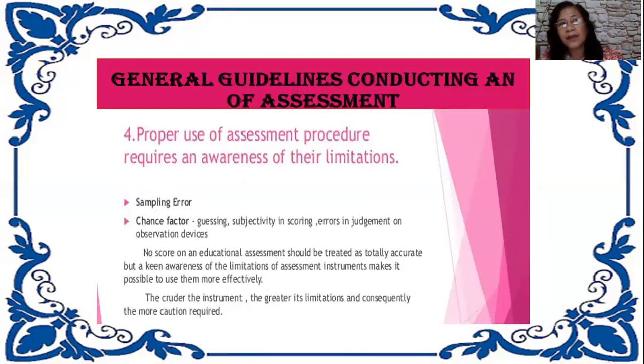Later, we are devising the rubrics. You will understand rubrics later. So no score on an educational assessment should be treated as totally accurate. But a keen awareness of the limitations of assessment instruments makes it possible to use them more effectively. The cruder the instrument, the greater its limitations, and consequently, the more caution required.